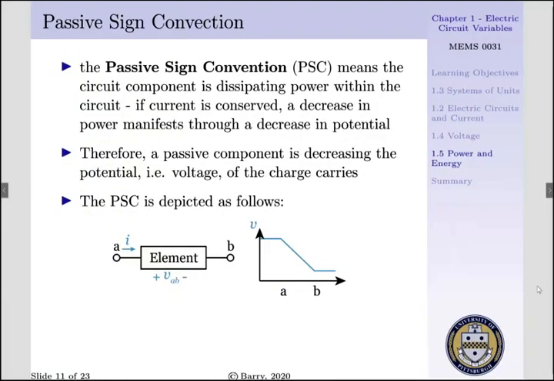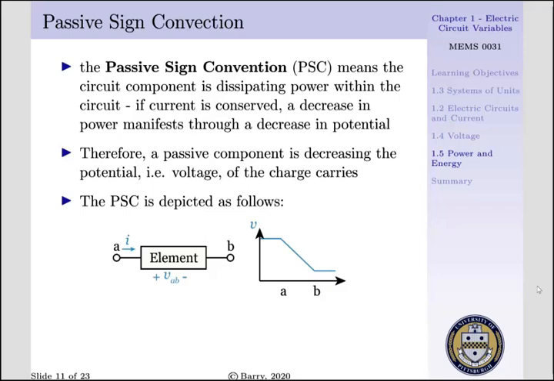The passive sign convention, abbreviated PSC, means our circuit component is dissipating power within our circuit. Since current has to be conserved, that is, our charge carriers can neither be created nor destroyed, a decrease in power manifests through a decrease in our voltage potential. Therefore, a passive component is decreasing our potential as the current is running through it.